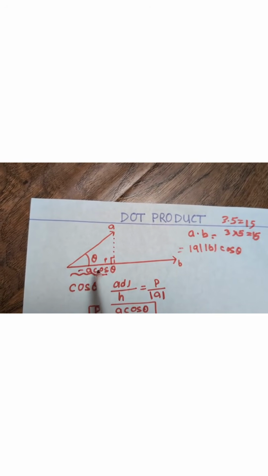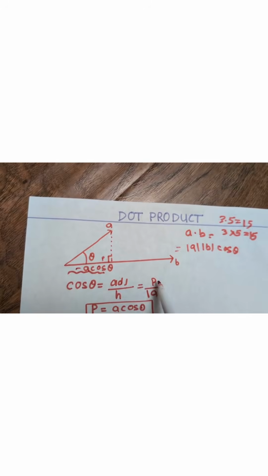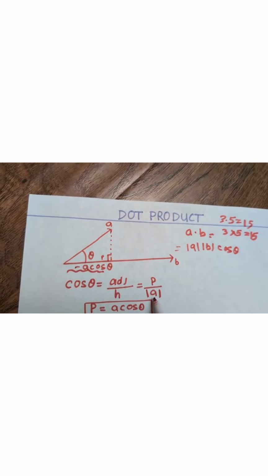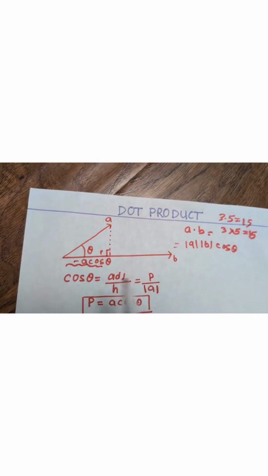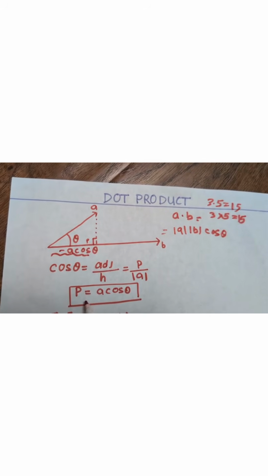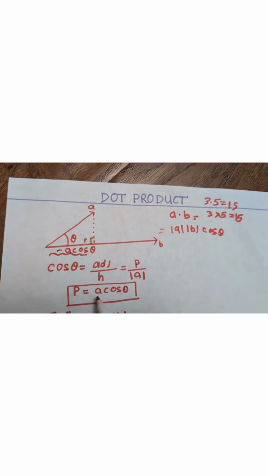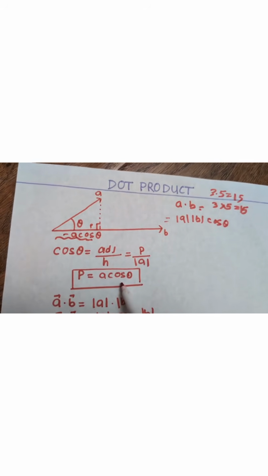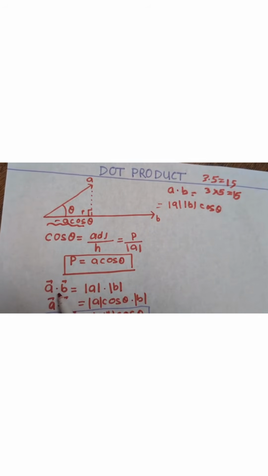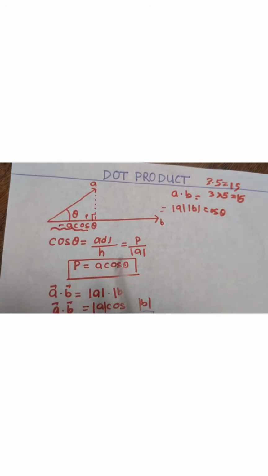So if I write the adjacent as the projection and the hypotenuse as the length of vector A, that is the magnitude of A, we can say that the projection of A on vector B is A cosine theta.